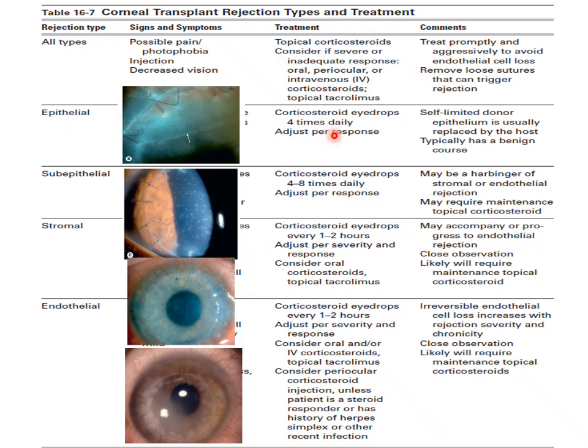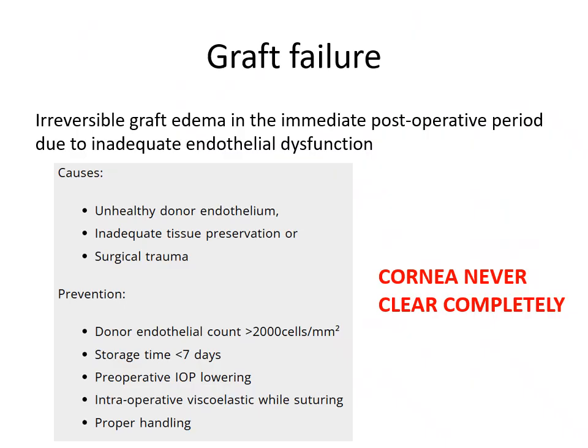So epithelial might subside with 4 times steroid eye drops, whereas endothelial might require hourly steroids and even systemic or subconjunctival steroids. So the mainstay of treatment is corticosteroids in various forms. See, that's the mainstay of treatment. And remember to remove loose sutures. Loose sutures also trigger rejection.